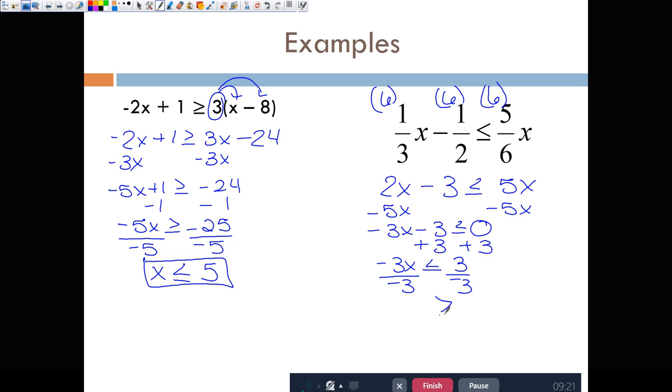Flip the sign, right? So I'm going to get x, and what's 3 divided by negative 3? Negative 1. Oh, 3. And then our arrow would be pointing to the right when graphing. And this would be a closed circle.